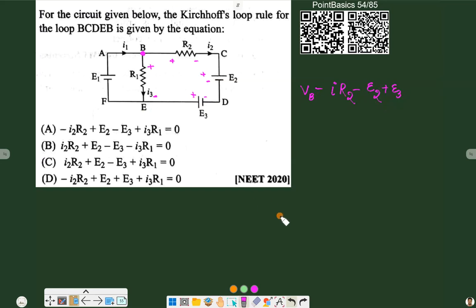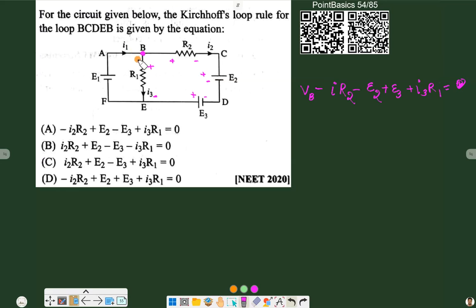Now coming to point E, we will have I3 going downward. So we will take here the direction of I3, and as per the direction of I3 we have negative first and positive second. So negative to positive, positive I3 into R1, is equal to 0.